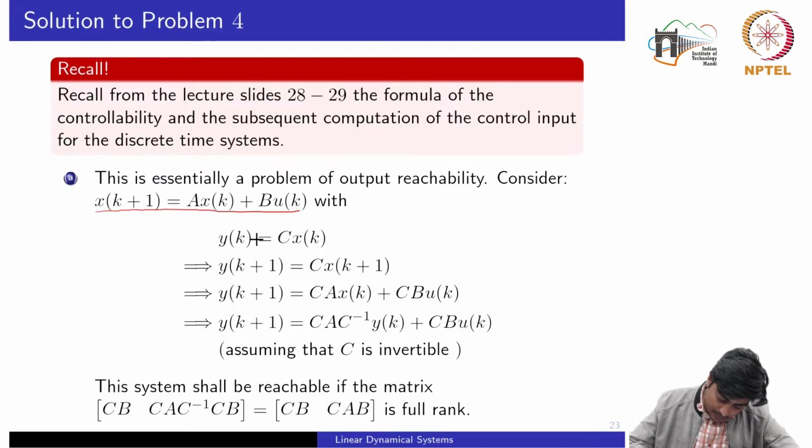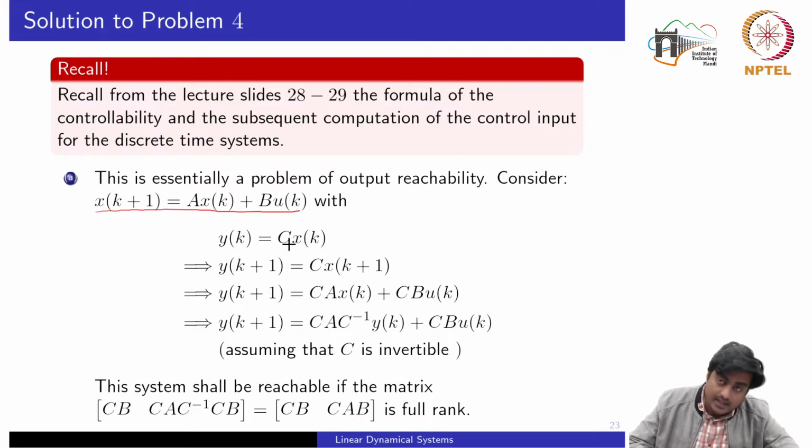If you recall the output expression, y(k) is equal to C x(k). Now if I advance the time from k to k plus 1 on both sides, we would have y(k+1) equals C x(k+1). Since this is the state equation, I can substitute A x plus B u.